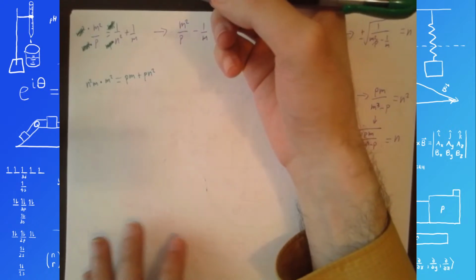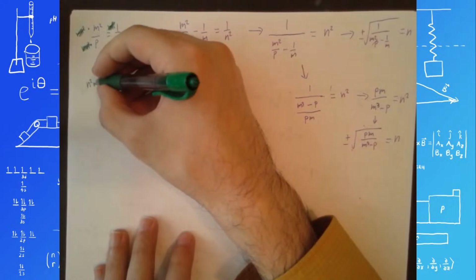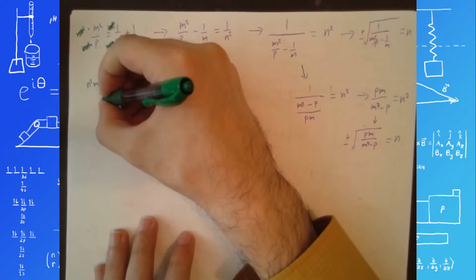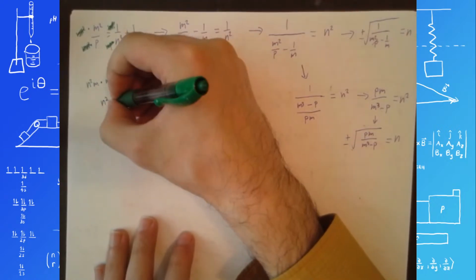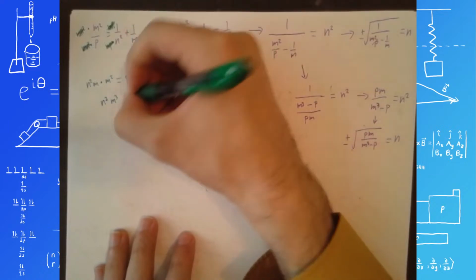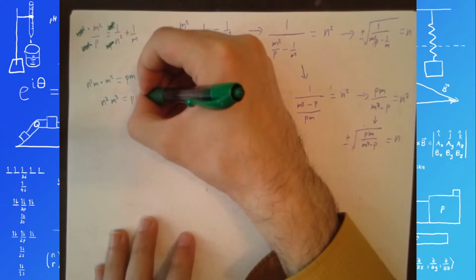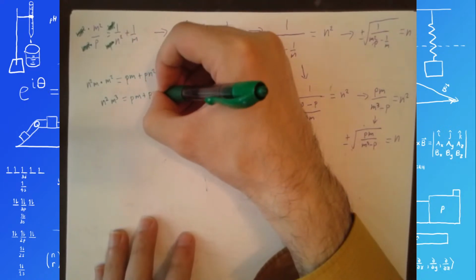And then, well, this simplifies to n squared m cubed. I wouldn't really count that as a full step. Maybe I would count that as a half step. Equals pm plus pn squared.